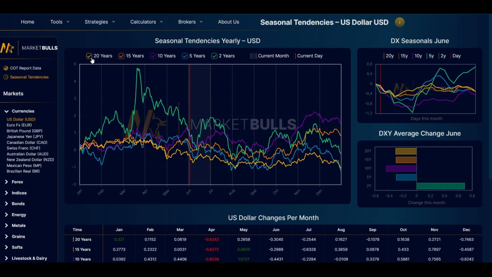In the latest 2 years, I don't know if you noticed, we have been in a quantitative tightening period, meaning we have had higher interest rates, meaning we haven't had as bullish a seasonal tendency for the dollar in these 2 years compared to other periods where we've had a strengthening dollar throughout the whole year.